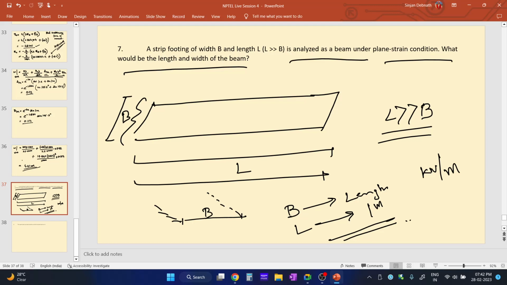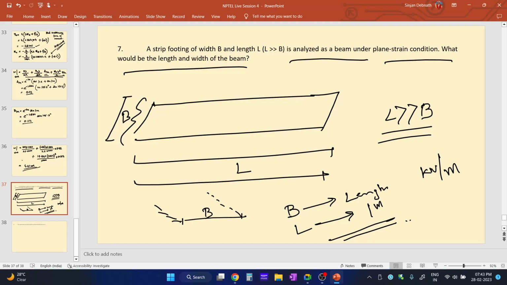Please go through the last lectures, and you can go through the books. It is also written in the books that since the length is very long, we consider it to be unity, and we find the bearing capacity in terms of unit length of the footing.